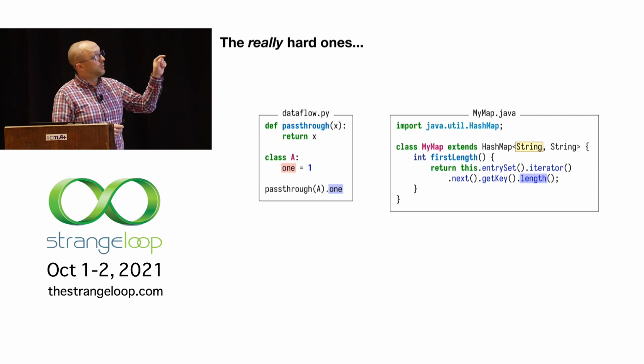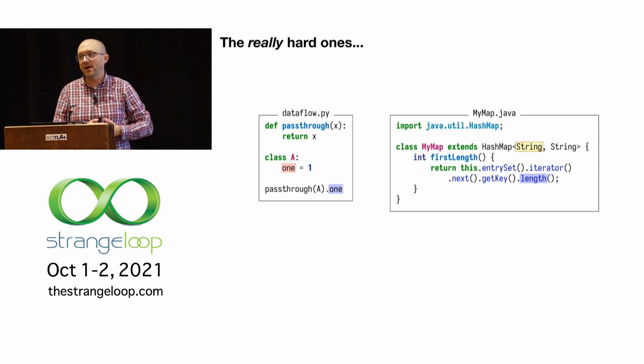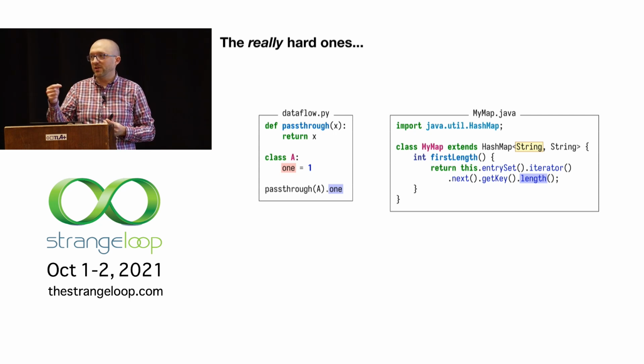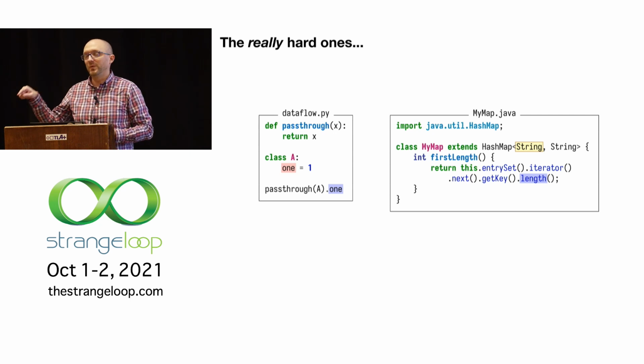And so we want to be able to click on 1, the reference at the bottom, and have it go to 1, the definition inside of the class. But in order for that to work, we have to trace the fact that you passed in a particular parameter and got that back as a result. So different invocations of pass-through will have different results depending on what parameters you pass in.